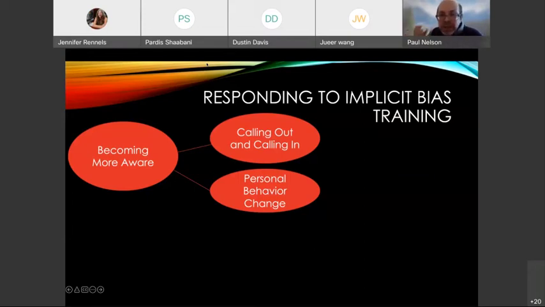But in a reflective way here, I want to say that unfortunately, some of the literature suggests that doing implicit bias training is not necessarily all that effective in creating this kind of change, and that shouldn't necessarily be surprising to us because we do know that these implicit biases are developed or learned at a very young age.